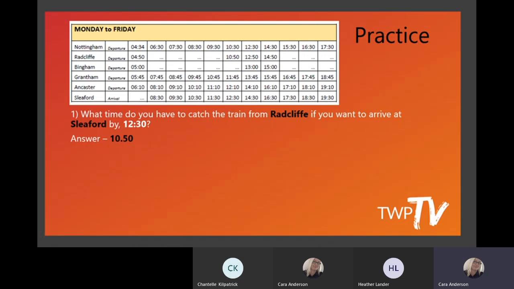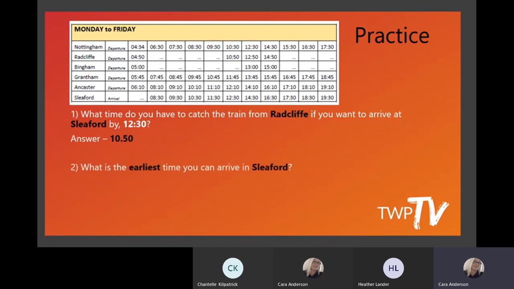That's what you need to do. So whether you do that by writing it down on your scrap bit of paper, for me personally, if I was reading that, I would potentially write Radcliffe and Sleaford, or leave Radcliffe, arrive Sleaford, so I know what I'm looking for. Obviously, that's a pretty straightforward one, but on a level 2 exam, it's not necessarily going to be that easy, but it's just so you can practice.